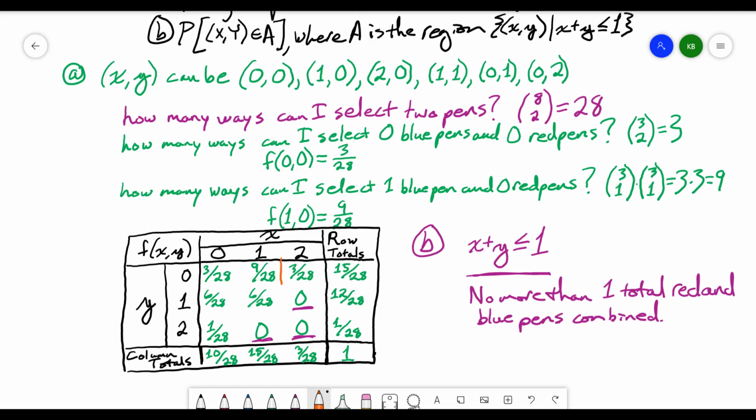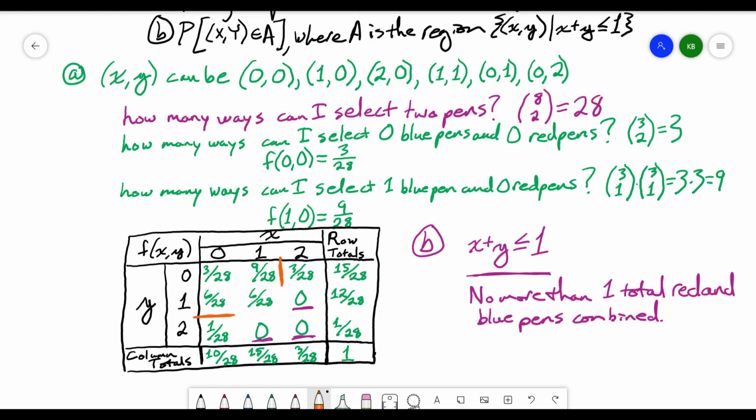So I'm going to put a line there to remind myself. Similarly, when y is 2, I have 2 red pens, and that is also not okay for having no more than 1 total red and blue pens. So I'm going to put a line there to remind myself that y should not be 2.